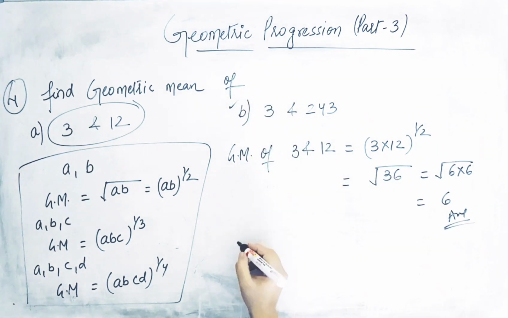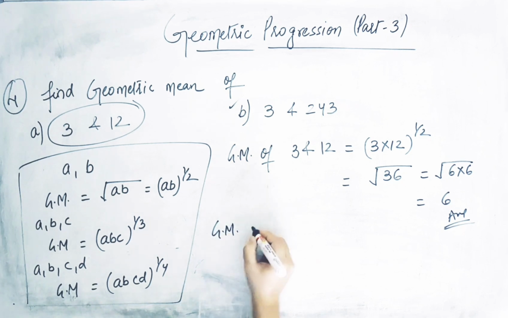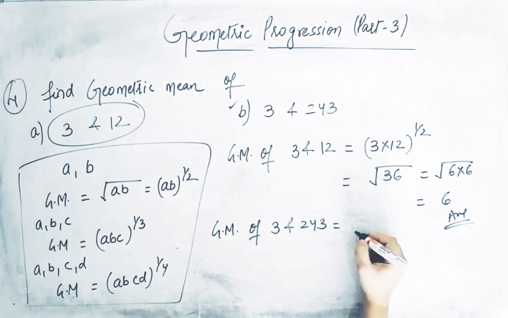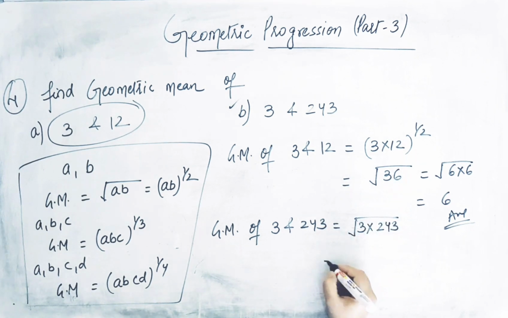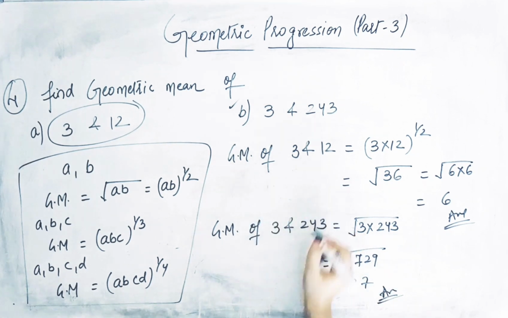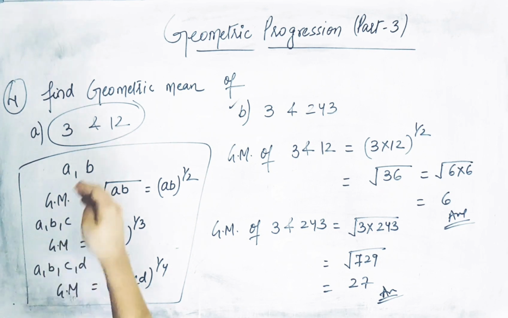Similarly, the second question was the geometric mean of 3 and 243. Again it will be square root of 3 into 243, so the answer is square root of 729. The square root of 729 is 27. So this is how we can calculate geometric mean if asked in a question of 2 numbers, 3 numbers or 4 numbers.